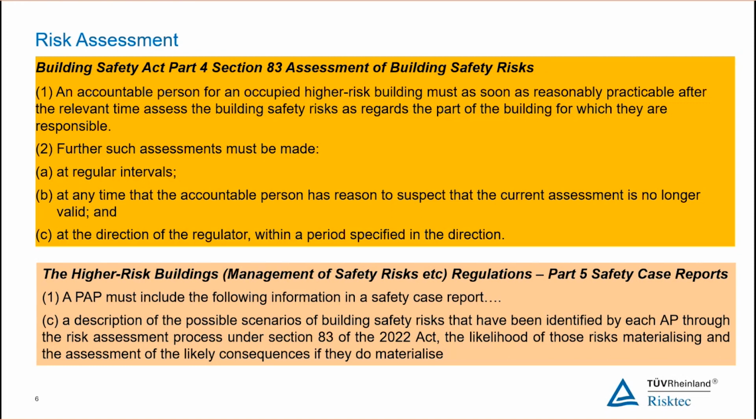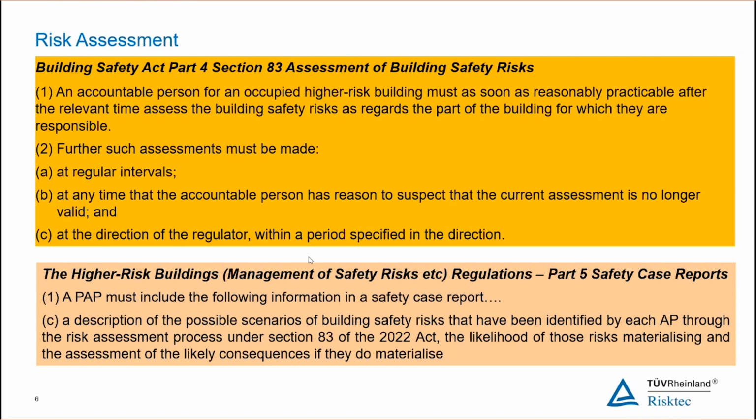But the onus sits on, I use the phrase duty holder, the accountable person, that they have to do the risk assessment. They have to understand the likelihood of these risks being released, and also assess the likely consequences if those risks were to materialize.